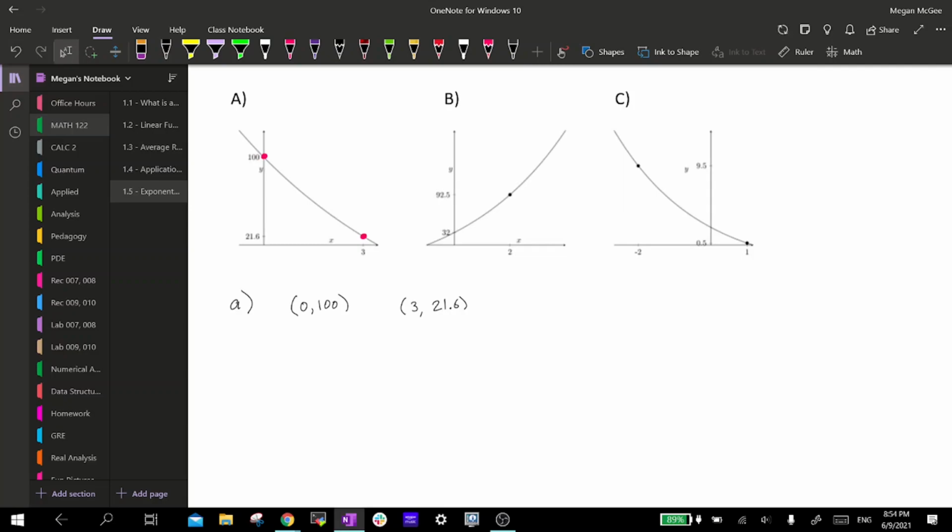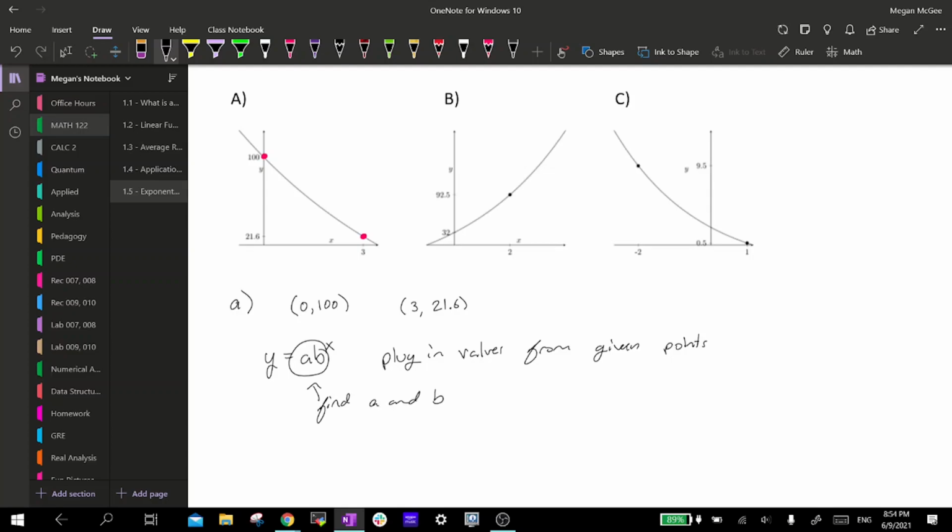The way we are going to find an equation is we're going to solve 2 equations at the same time. We're going to use y is equal to a times b to the exponent, and plug in values from given points, because we need to find a and b.